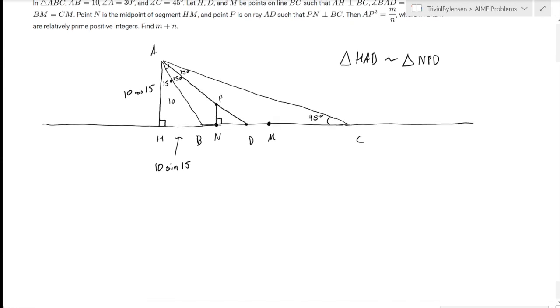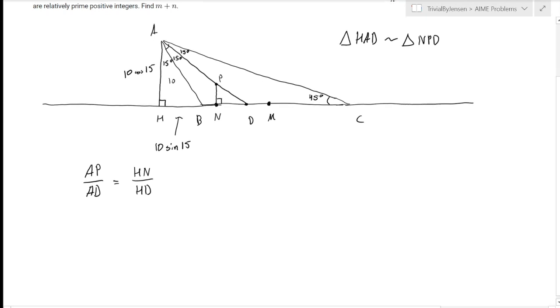We can write something like AP over AD equals HN over HD. So if we find the other three values, we can easily find AP. Let's start doing that.